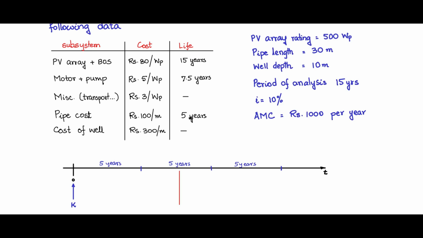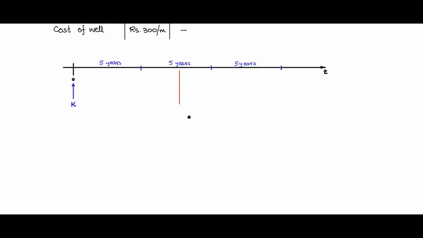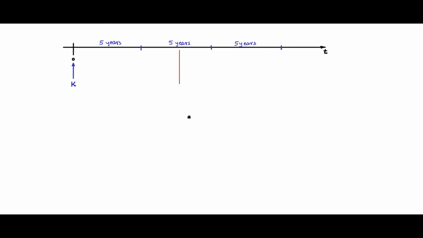Pipes, 5 years. At the end of every 5 years, you have to make a replacement for the pipe. So we will do that. So let us note down, at 7.5 years, we have to make one replacement for the motor plus pump.